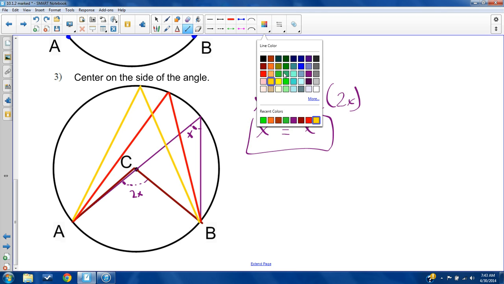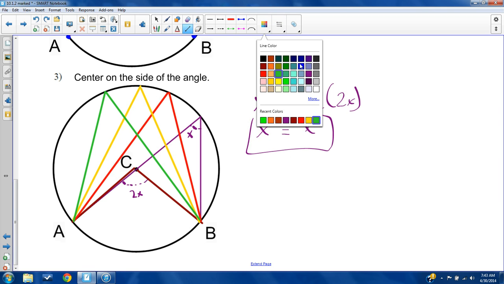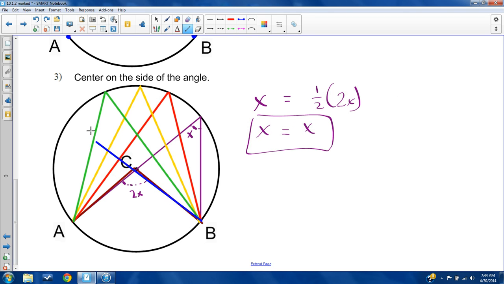Okay. So like I said, this was on the Mars task, the dolphin problem. Not exactly like this, but a question was, how could I relate two angles? How do you know? The answer really is that they're congruent because they are inscribed angles. And inscribed angles are always congruent to each other. Okay.